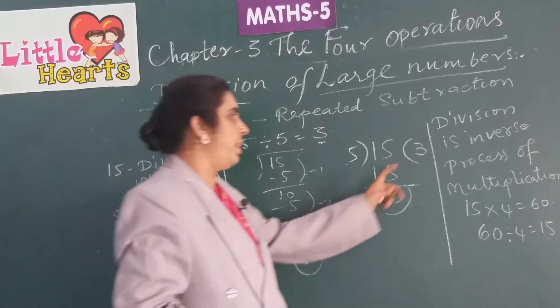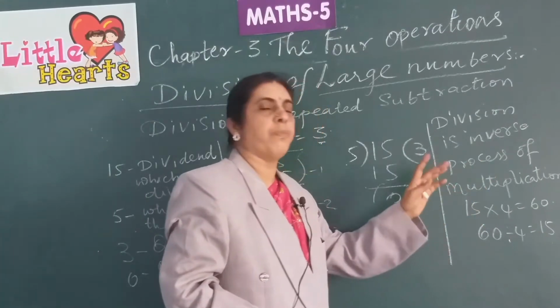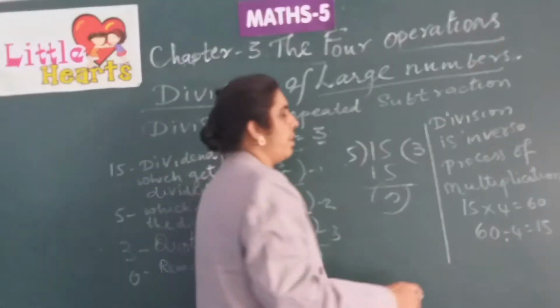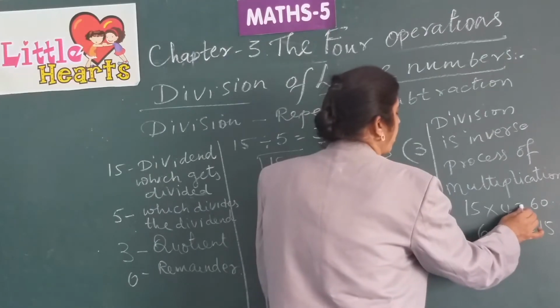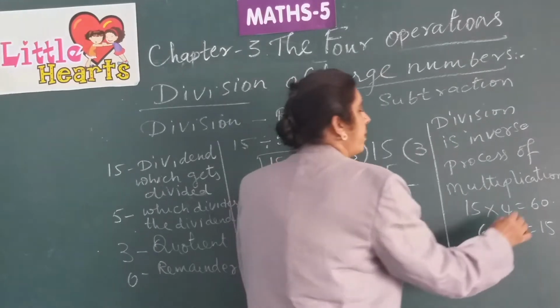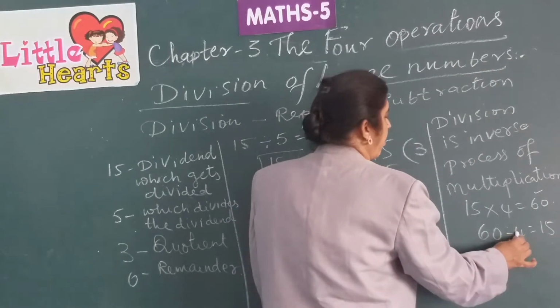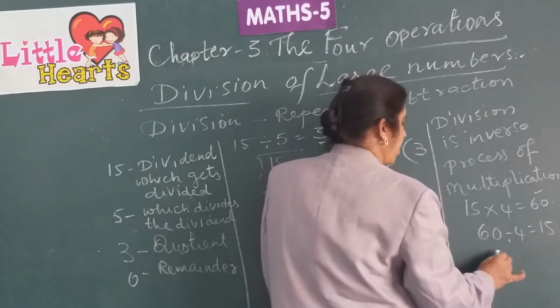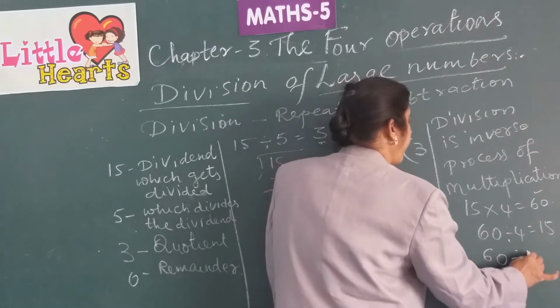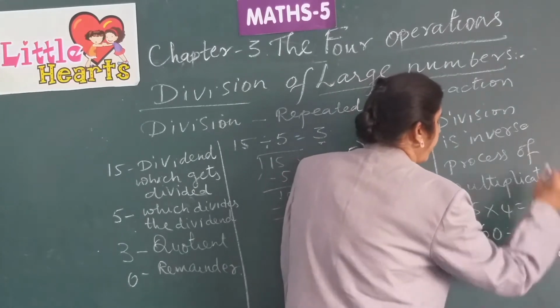And division is the inverse process of multiplication. See here, we know that 15 4s are 60. When this 60 is divided by 4, we get 15. When 60 is divided by 15, we get 4.